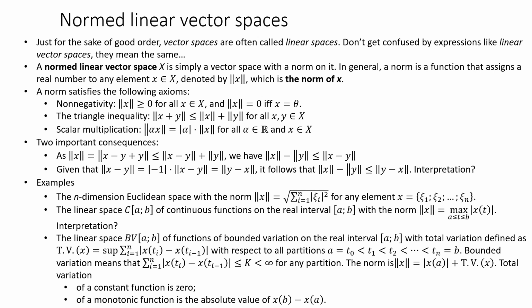So we compute the absolute values of the changes of the function over this partition, and with the supremum we seek the highest value of the variation of the function over the partitions of this real interval. So this is the total variation.